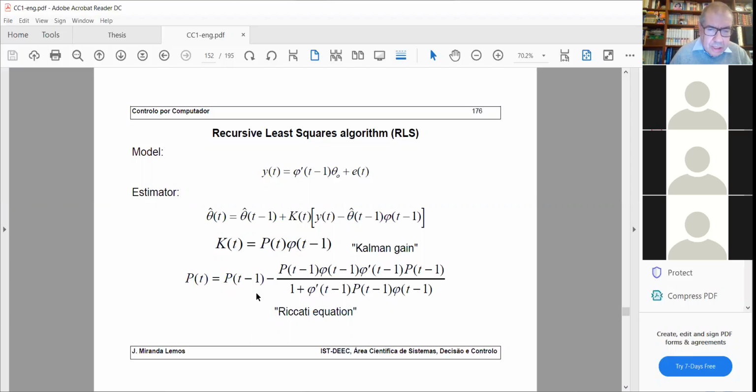The proportionality is the noise level, so it's the noise variance. So usually I say that P is the estimation error covariance matrix. So how can I initialize my algorithm? Because I need an initial P. Well, K is computed from P, so I don't need to initialize it. But I need also an initial estimate. So what do you think?